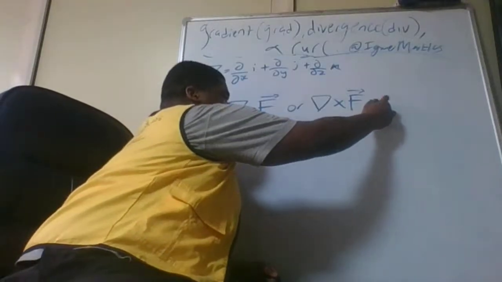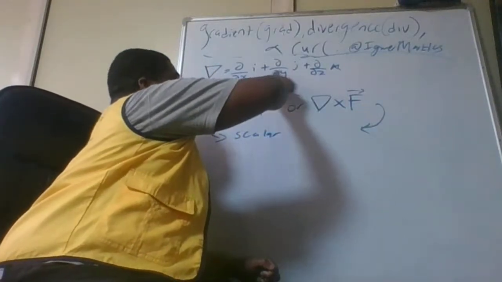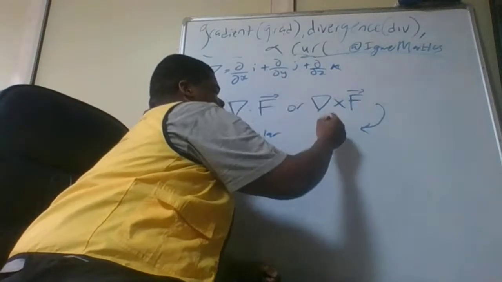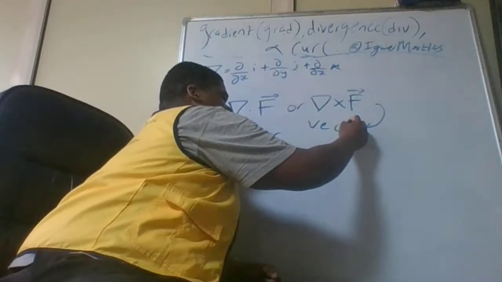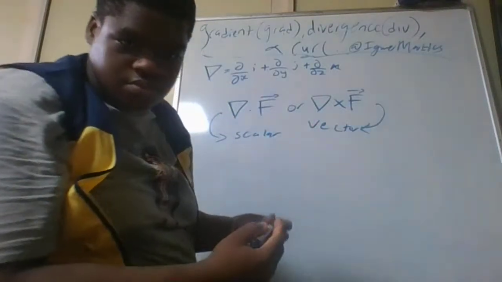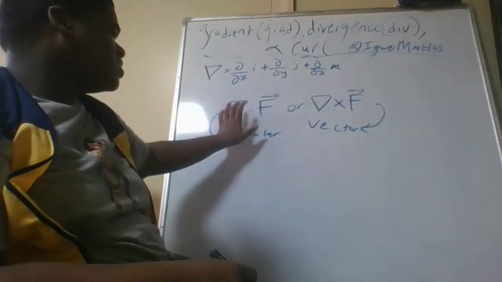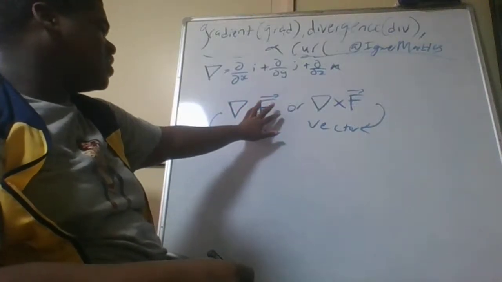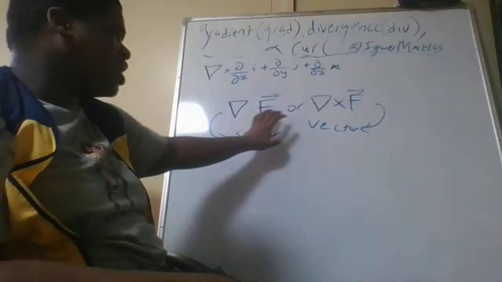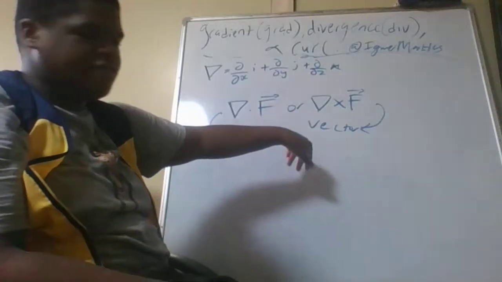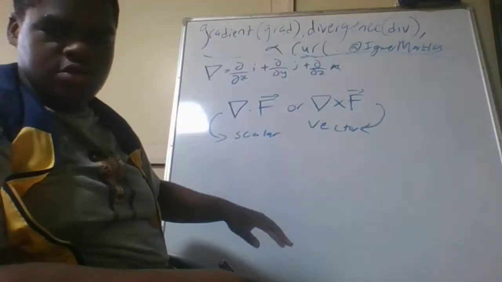If you're using the cross product, since Nabla is a vector and f is a vector, then your result is going to be a vector. What is the difference between these two values?